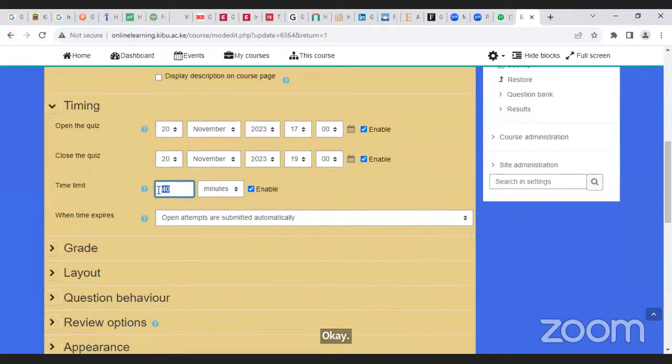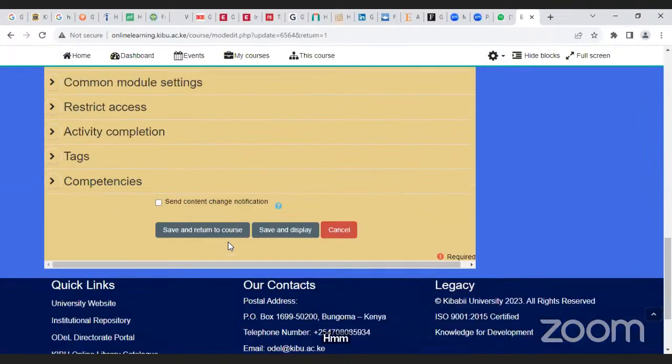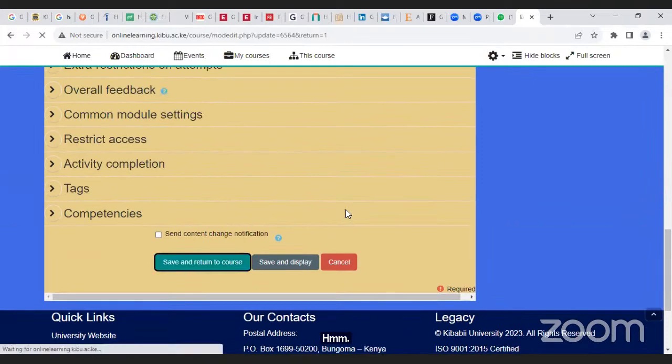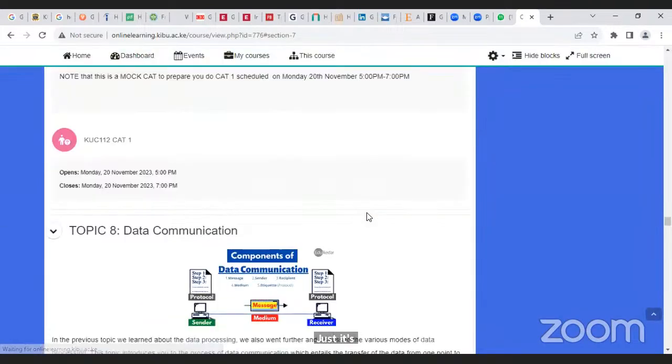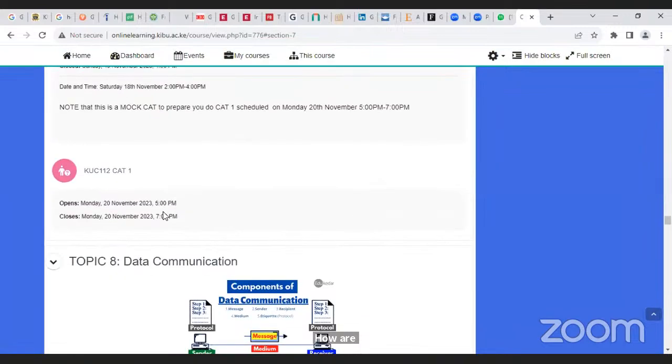You will do this cut for 40 minutes. So after 40 minutes you will be done. This cut will be available from 11 to 1, but within this period you can do it for 40 minutes.